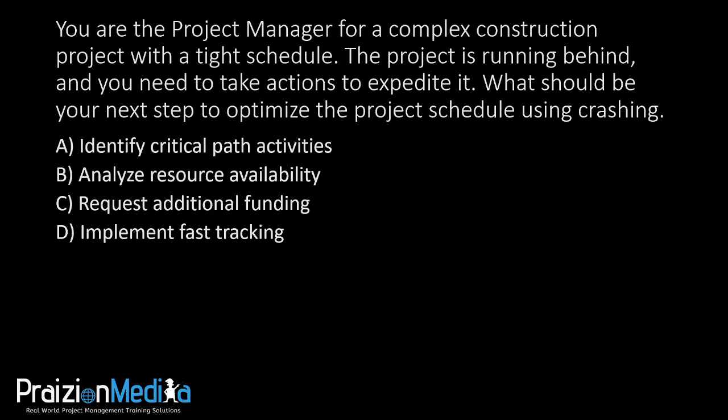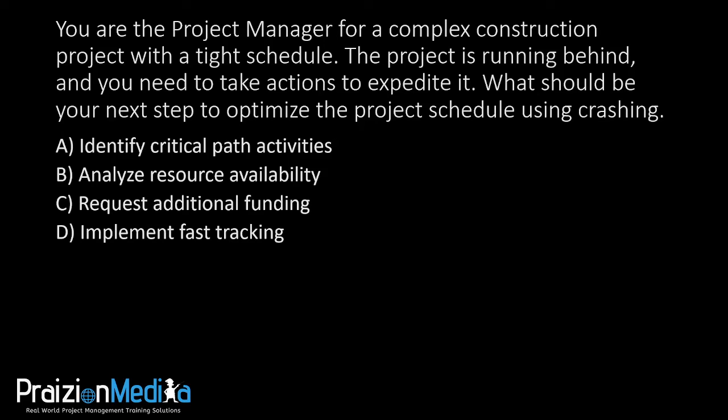So, A, identify critical path activities. That's not a bad thing to do if you're working on critical path tasks, because that's what crashing is. It needs to shorten the critical path to make a dent.